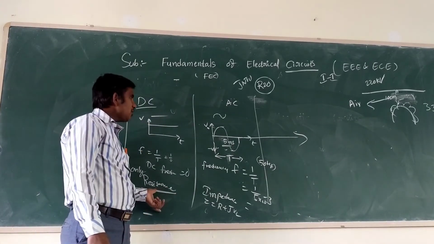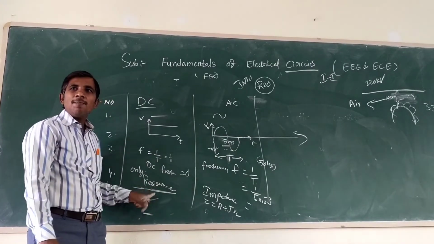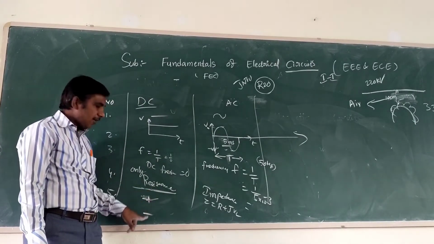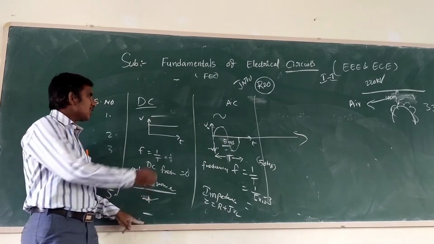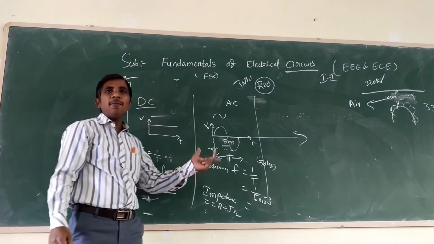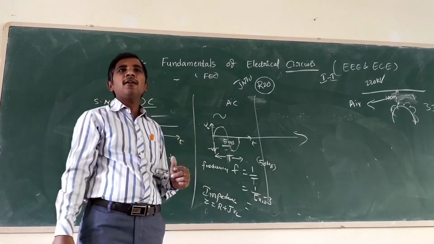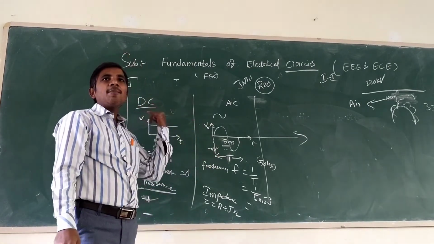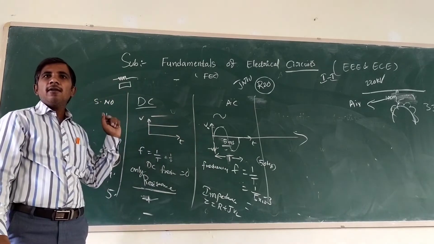Polarity or potential of DC can be represented by plus and minus. Positive terminal, negative terminal. A battery has two terminals. A resistor is a two terminal. Inductor is a two terminal. Terminal means where we are connecting or taking the supply.